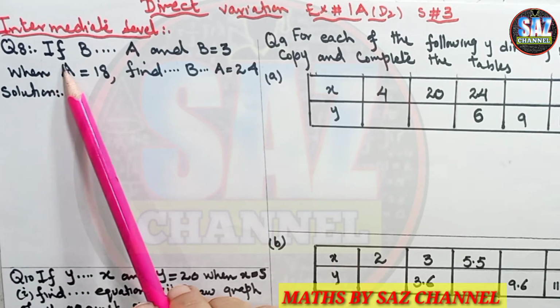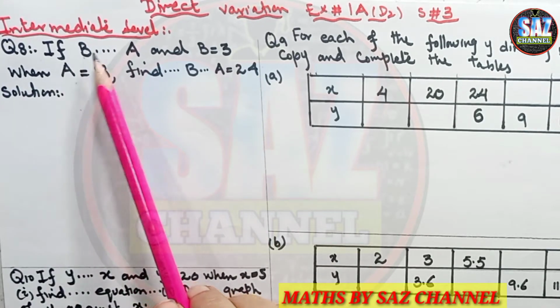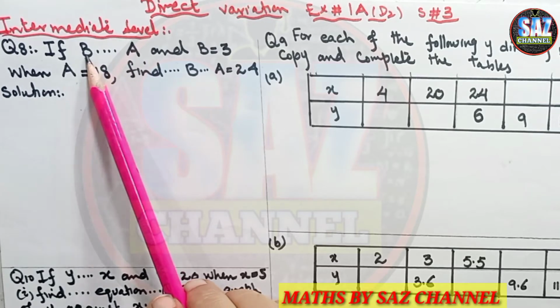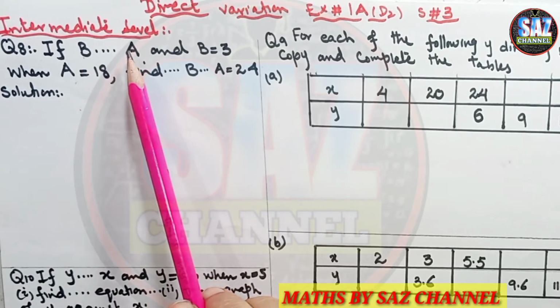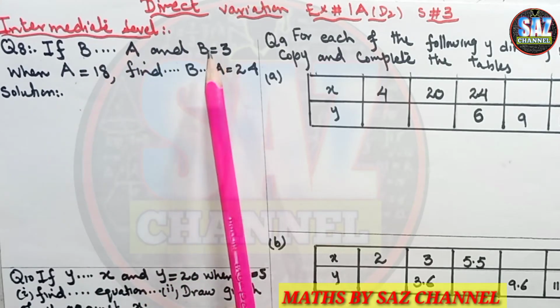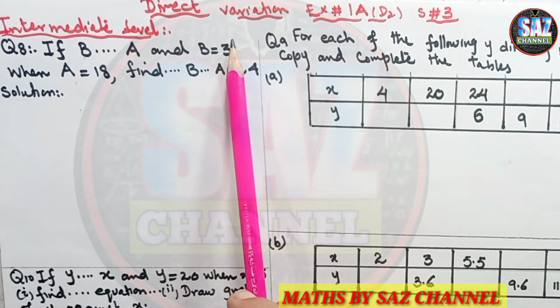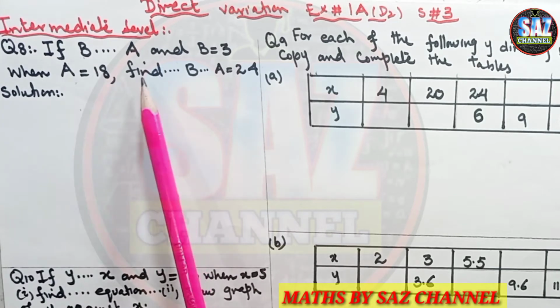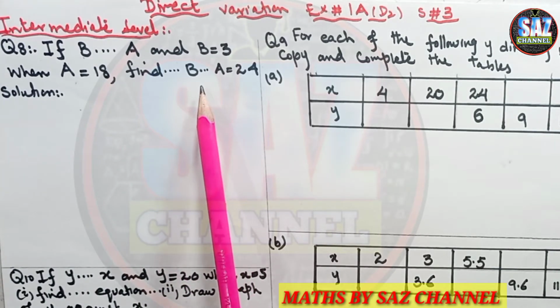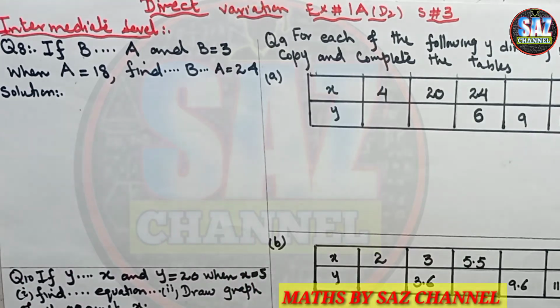First of all, we have to see that B and A, these are the two quantities in direct variation with each other. So first of all, we have to find the constant of variation, which will be evaluated by using the condition B equals 3 and A equals 18, and hence we will move to the final requirement of the question, that is find B when A equals 24.